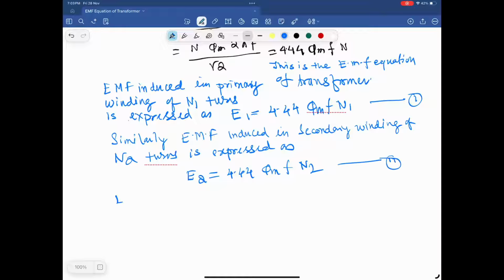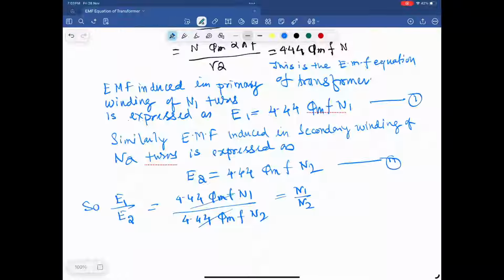So if I write E1 by E2, everything will cancel except N1 by N2. So E1 by E2 is equal to N1 by N2. This is one of the answers to question number 2.